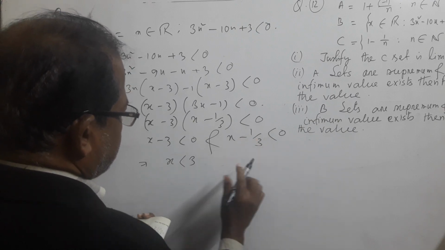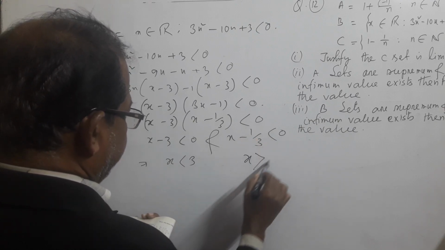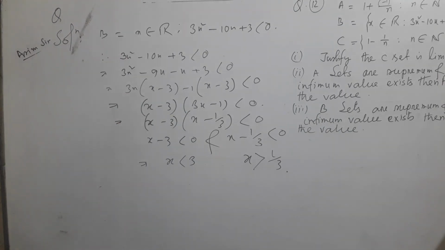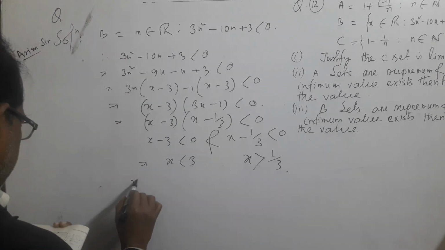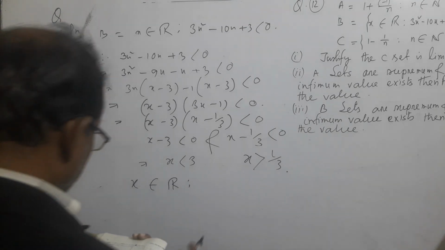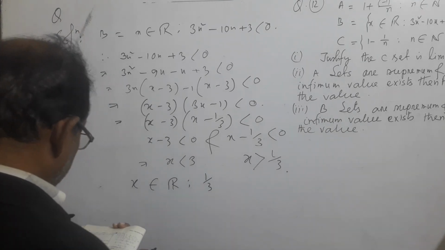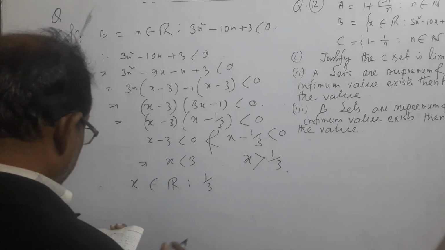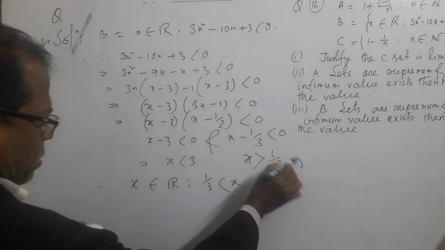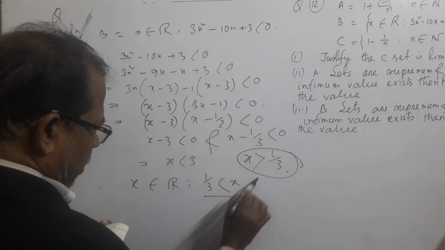Sorry, x is greater than 1/3 because the product is less than 0. So x belongs to the real numbers, with 1 by 3 less than x less than 3.